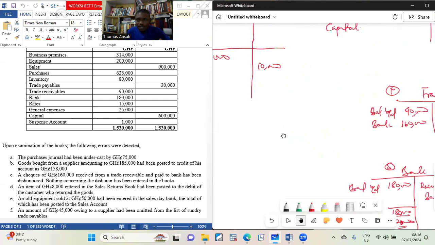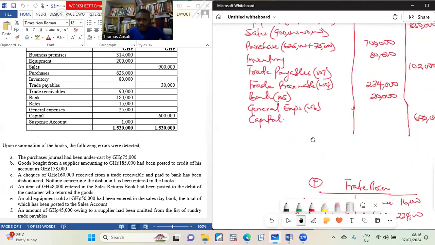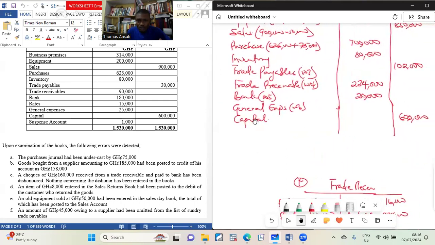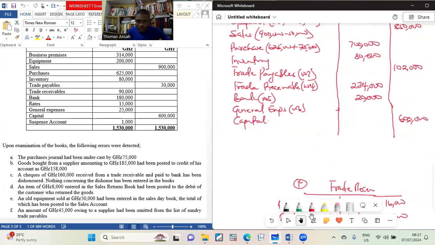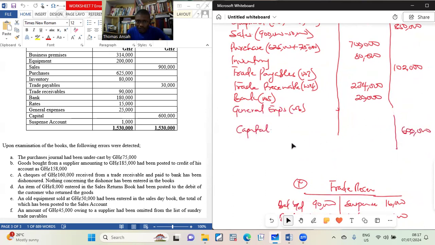So we can say, what do we call it? So let me shift this one down a little. So I'll keep my 25,000. Then I'll bring in the discount allowed.